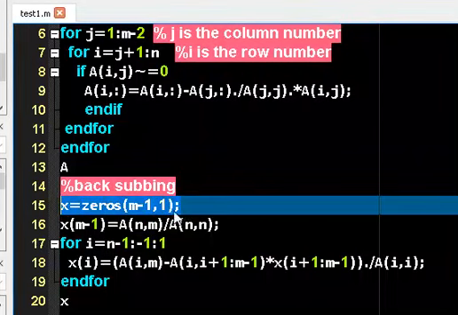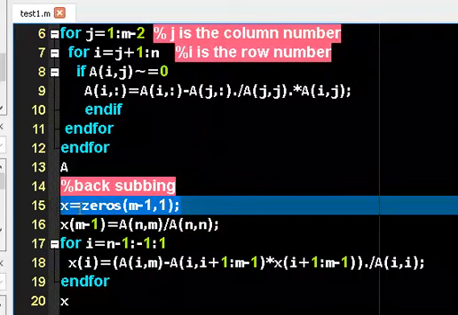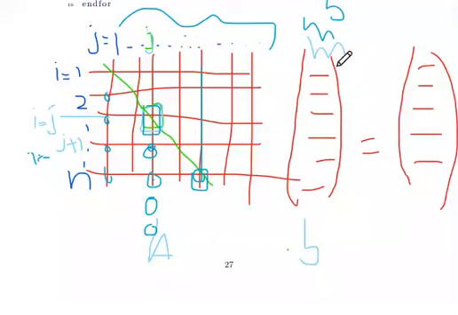First you have to initiate your variable set. This is the variable vector x. How many elements are there?